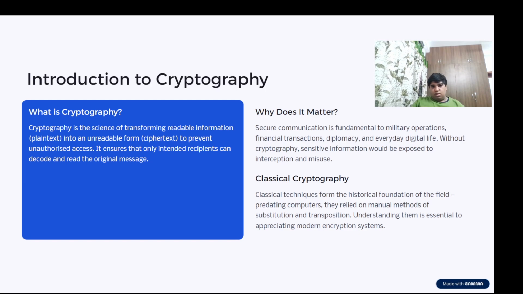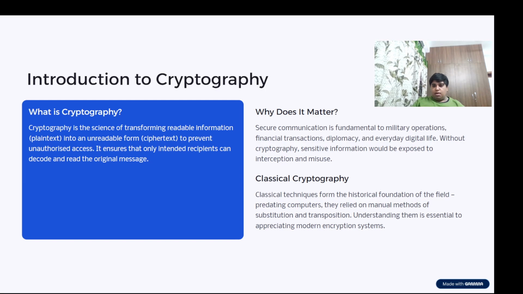Now we can move forward with classical cryptography. As I told you, classical cryptography refers to the historical foundation of cryptographic techniques, which heavily relied on manual methods of substitution and transposition.